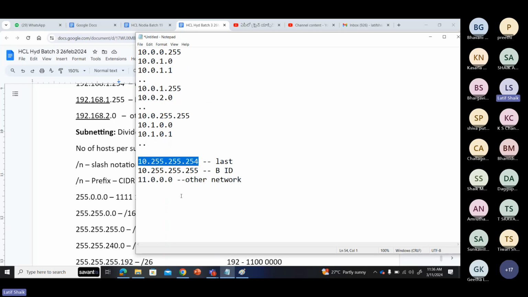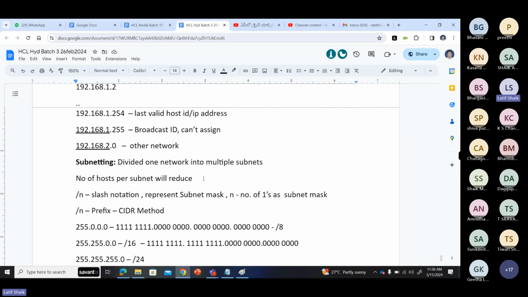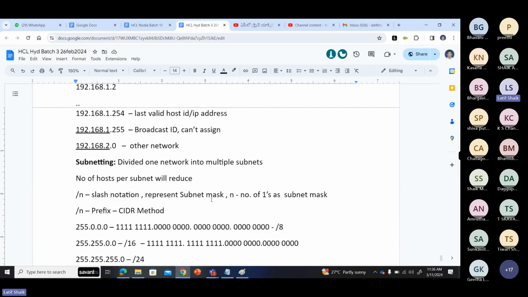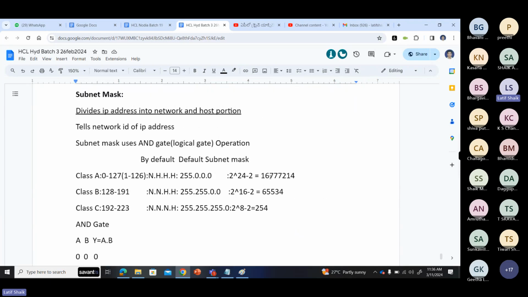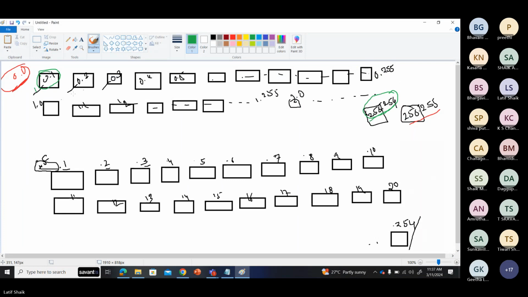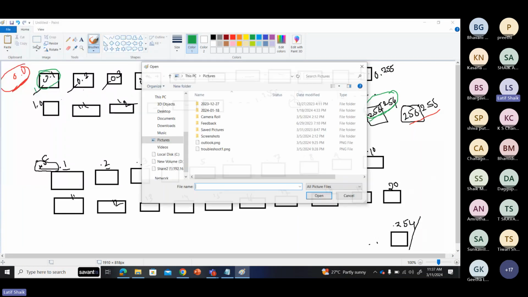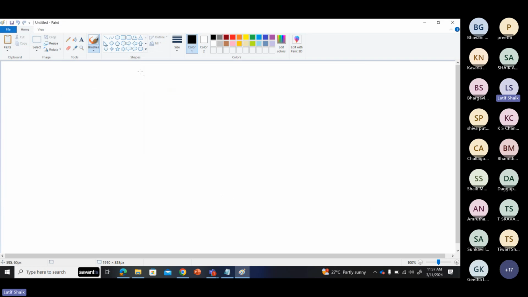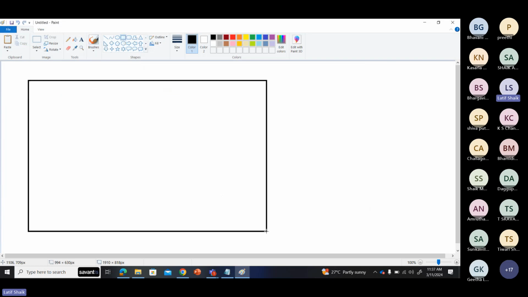That is three host portions, right? So 2 to the power of 24, it becomes 16 million 777,214 number of hosts we are able to assign. Okay. So it depends upon which range you select, which depends upon your organization, how many systems you have.